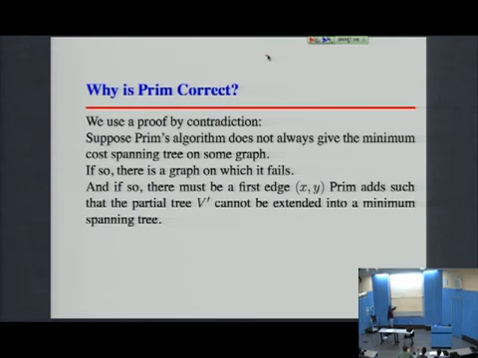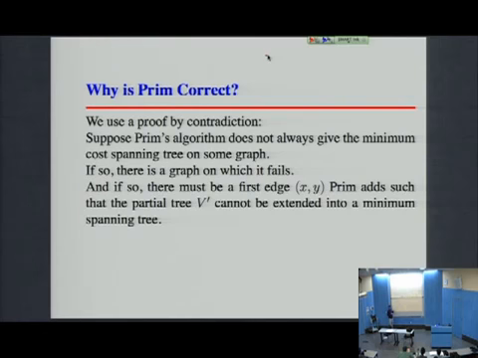And at some point when I do that, a bell is going to go off. Ding, ding, ding, ding. What has happened? If Prim's algorithm is going to make a mistake on this graph, is not going to give me the minimum spanning tree, at some point I must have made a lethal mistake, okay, where adding this edge was fatal.